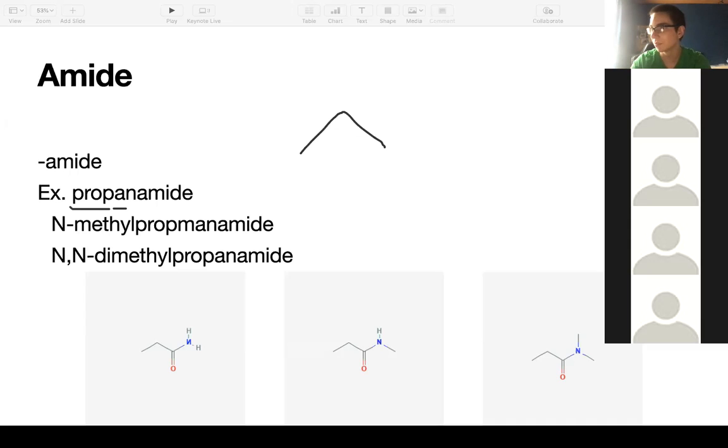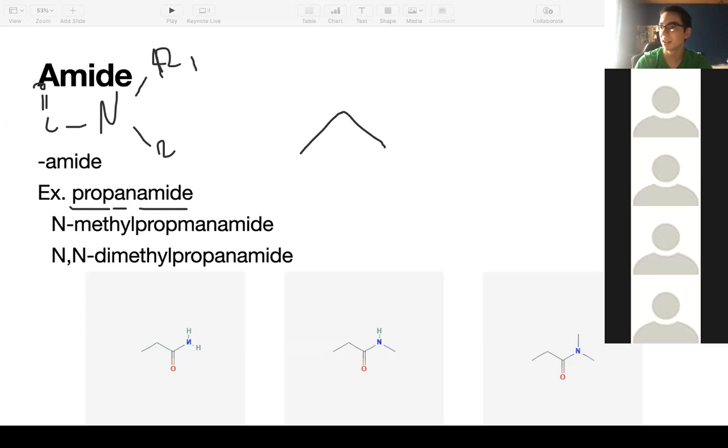And finally, we have amide. So amide is a carbonyl group attached to our nitrogen, which may or may not be attached to an R, other carbon chains.